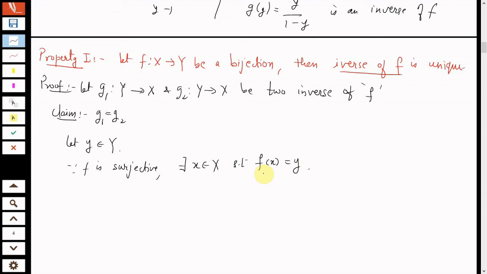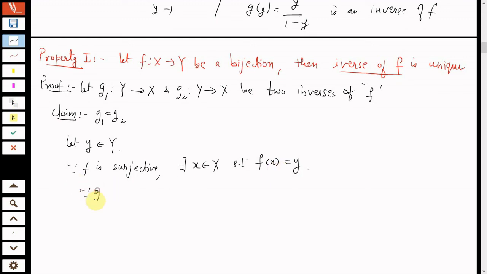So now g1 and g2 are the inverses, by the way I should have used the plural, inverses of f. And what is the definition of inverse? Whenever f of x is equal to y, this should imply that g1 of y should be equal to x, as well as g2 of y equal to x. Okay.